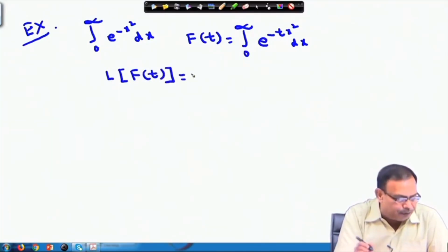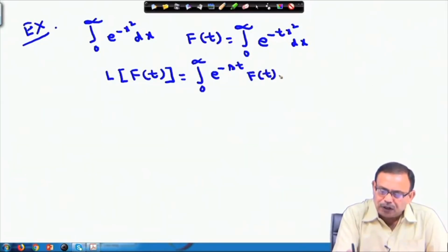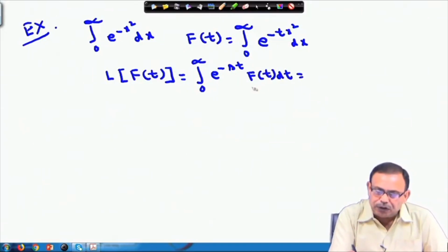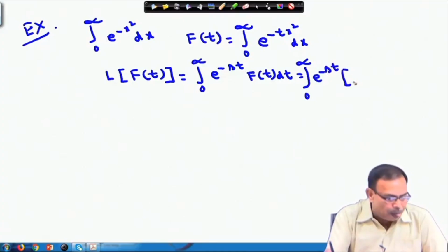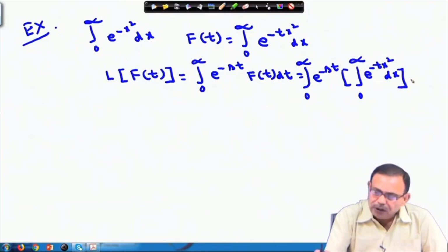The Laplace transform of f(t) is, from the definition, the integral from 0 to infinity of e to the power minus s t into f(t) dt. Now if you substitute the value of f(t), you will effectively obtain two integrals.